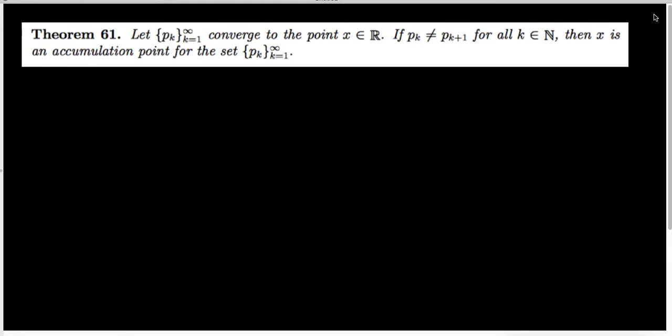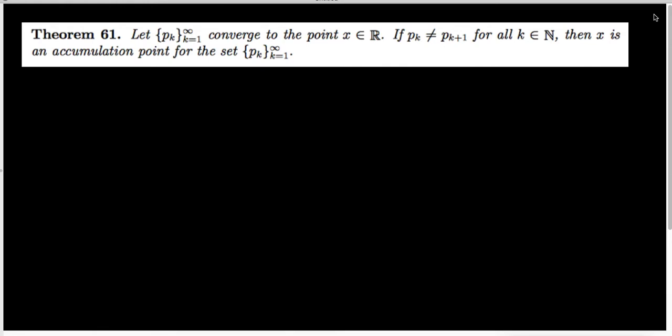Now, in order to prove this theorem, we actually have to pick this apart to figure out what it is saying and why each piece of the hypothesis is important, as well as figuring out what the goal is to show the conclusion is true.